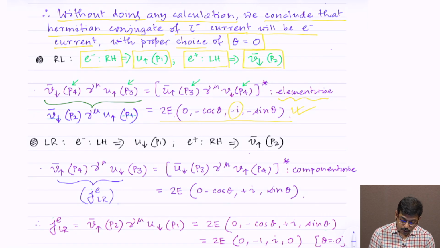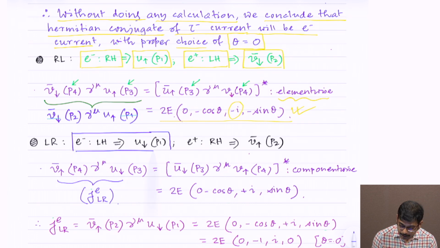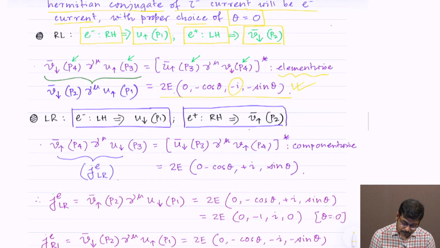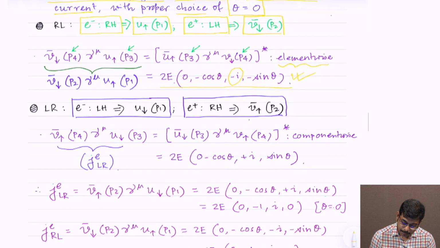Similarly, I can now look for the LR combination, where I basically say that the electron is now left handed. So I have to look for U down P1, and the positron is right handed, where I have to use V bar up. Okay. So with this one, I can say that V bar up P4 gamma mu U down P3 is the electron LR combination, which is obtained from the tau current by just taking a complex conjugate component wise.